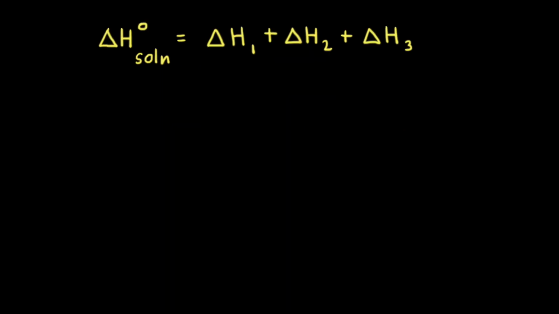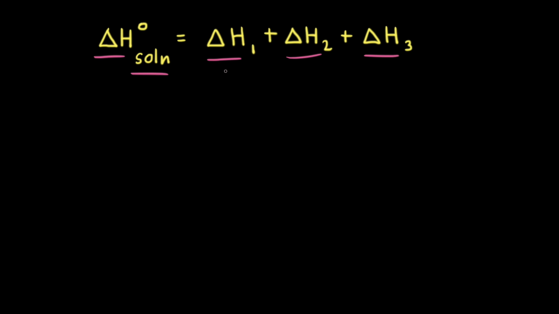Now that we've talked about the signs for delta H and delta S for each of the three steps, let's think about how they influence the overall changes in delta H naught of solution and delta S naught of solution. Let's start with delta H naught of solution, which is equal to the sum of the changes in enthalpy for the three steps: delta H1 plus delta H2 plus delta H3.